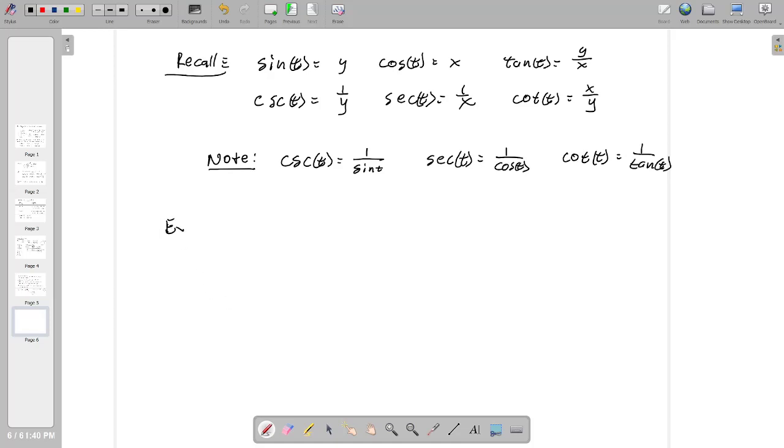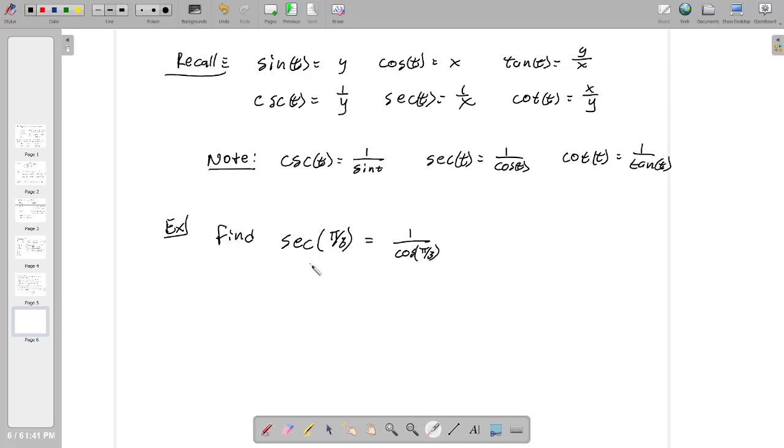For example, let's find secant of pi over 3. If we're looking for the value of secant, cosecant, or cotangent of an angle, all we need to do is figure out their respective reciprocal, and then we can just write out our answer. So here, I know that this is the same thing as 1 over cosine pi over 3.